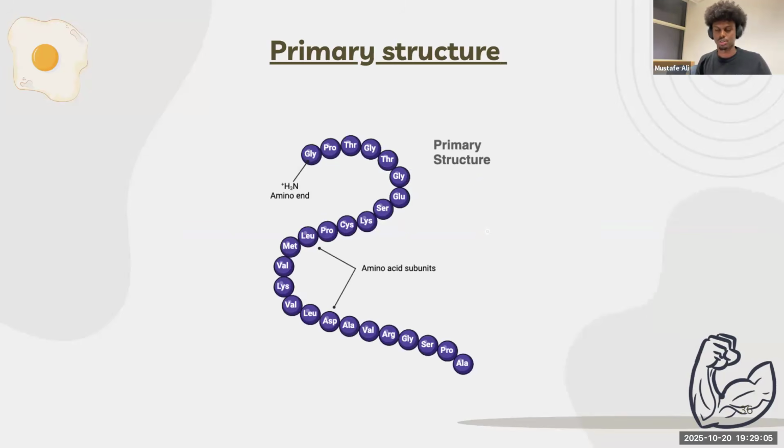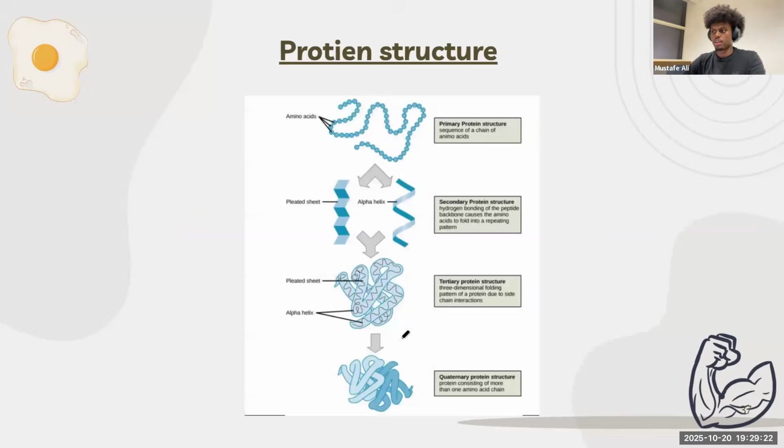This is the same picture we looked at before. A primary structure is literally a chain of amino acids, and this sequence is determined by DNA. Now let's move on to the more complicated structure, the secondary structure.